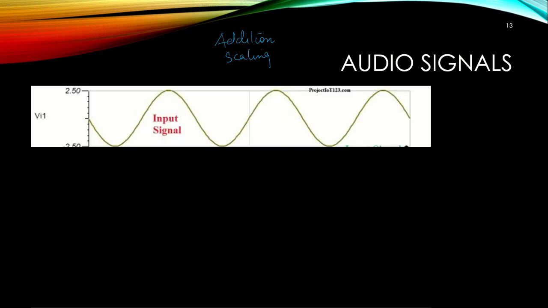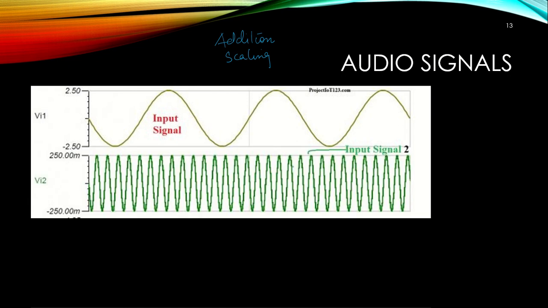The interesting thing is that audio signals are also vectors. That means they have these two properties, addition and scaling. What happens when we add two audio signals? Assume this is the first input signal and this is the second input signal.